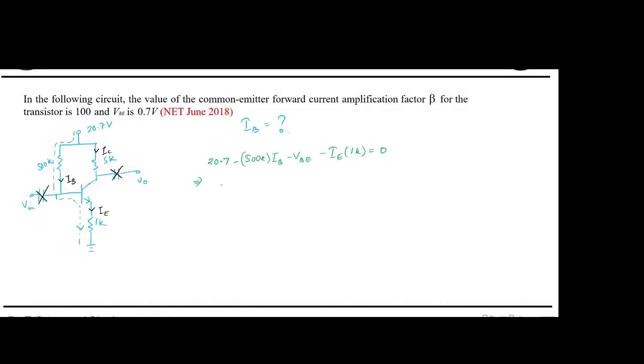How will you solve for IB? What is the value of VBE? 0.7. Okay, and IC, what can you write? Beta times IB. Now can you solve for IB? Okay, very good. Shall we move on to the next question?